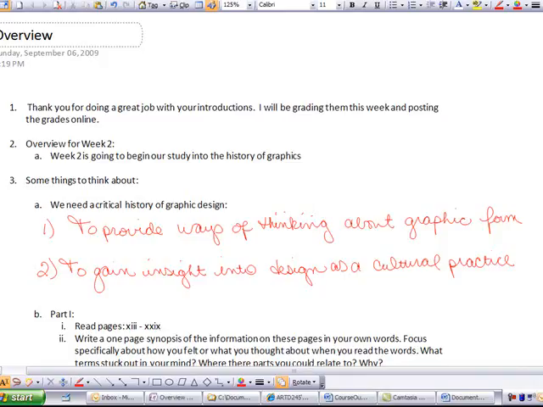Design is very cultural, and without knowing it, many of the designs that you create are probably reflective of the culture that you live in. The things that are normal, the things that are expected, the things that are acceptable in your designs are all very relative to the culture that you are living in.